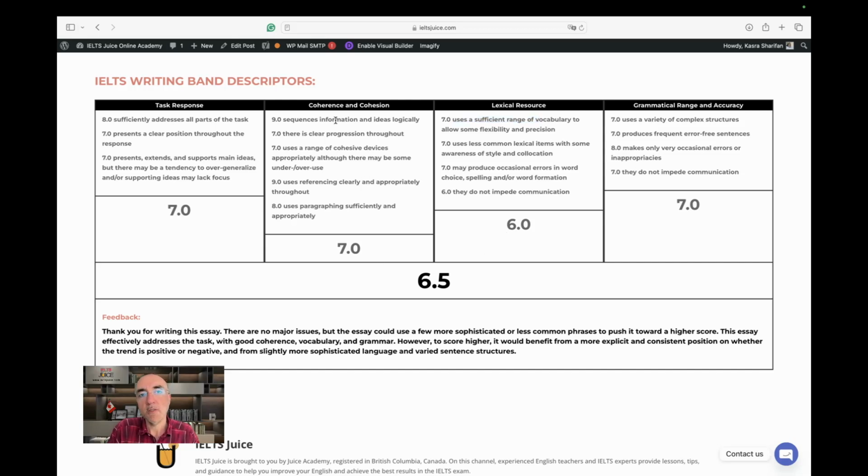Going back to coherence and cohesion, I didn't have any issue with referencing, but my issue was with discourse markers. Not an issue. It could be better, softer. We had however and while both in one sentence. Not an error, but we have a little bit of overuse of discourse markers. And what I didn't see was the identity of some sentences that I wanted to see.